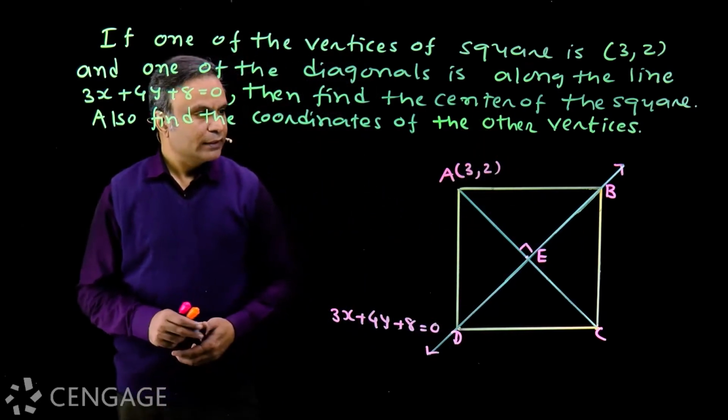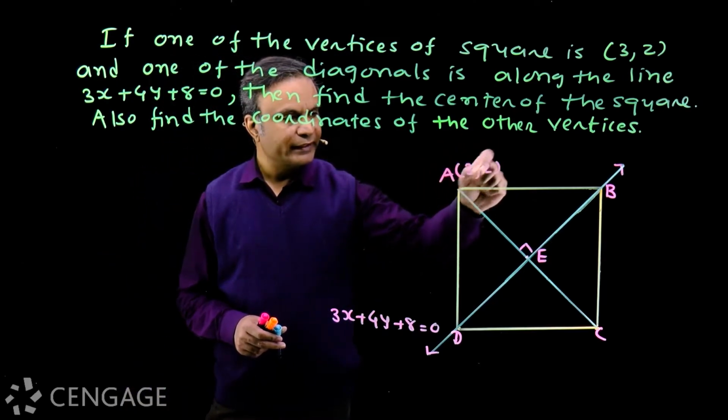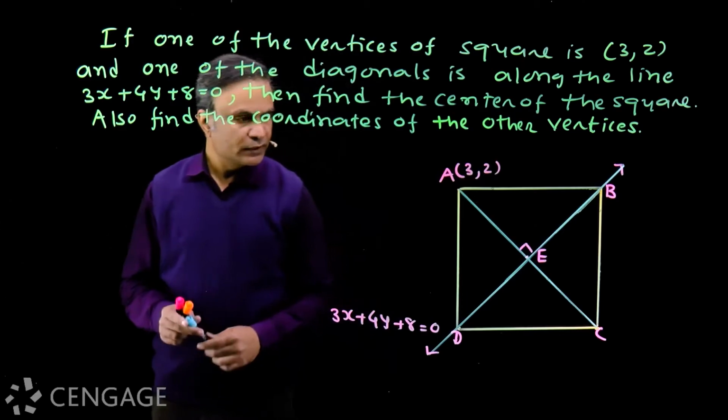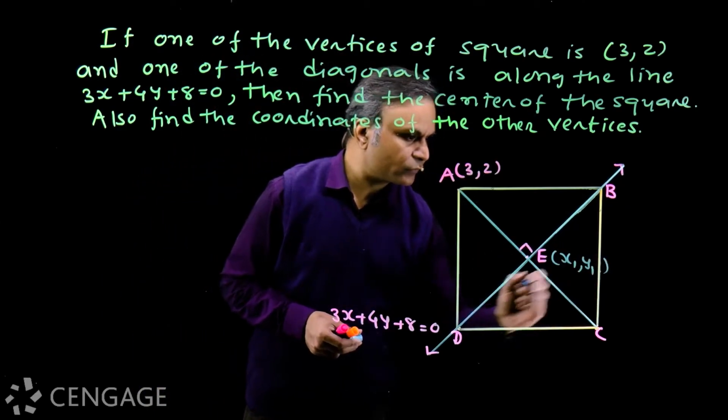Now here center E is the foot of perpendicular from point A on this straight line. Suppose coordinates are (x1, y1).